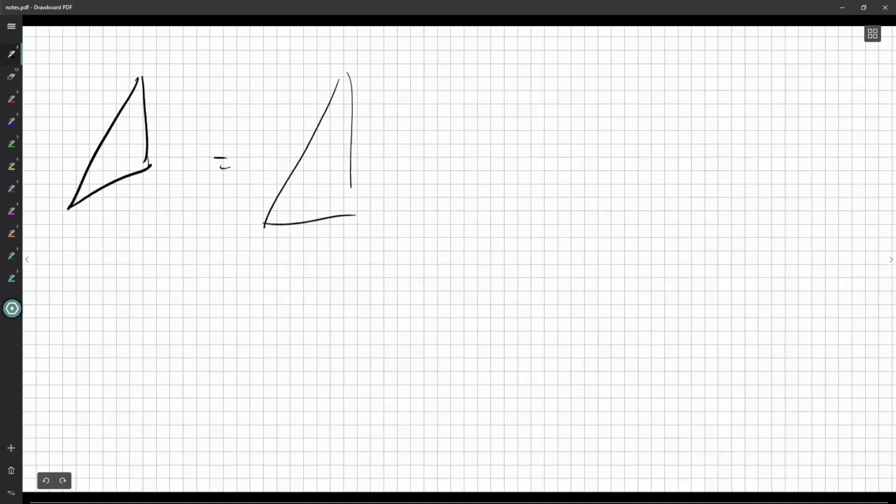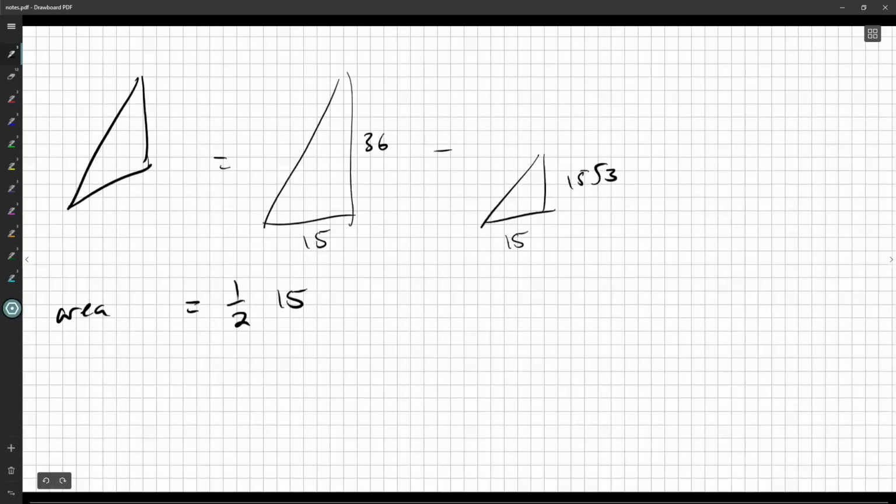So what we're looking at is we want this area here. That's going to be the big area with 36 and 15, minus the smaller one with 15 and 15 root 3. So these areas are one half base times height. We can pull out the 15 over 2 and say 36 minus 15 root 3.